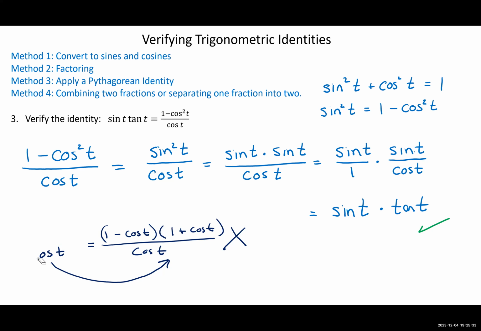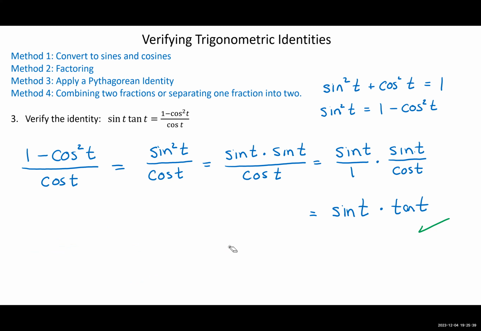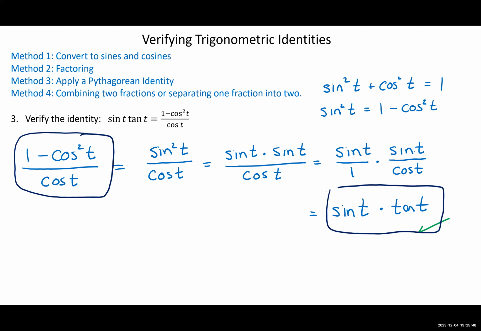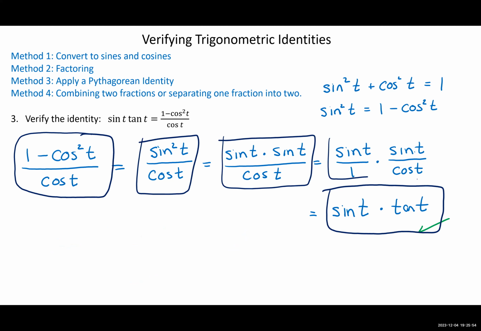There are always multiple ways to verify an identity. What you care about is that you start with one side, you end up with the other side. In this case, there were 3 steps in between. This is equal to that, that's equal to this, that's equal to this, and that's equal to this. It doesn't matter how many steps it takes, as long as you connect the left to the right.